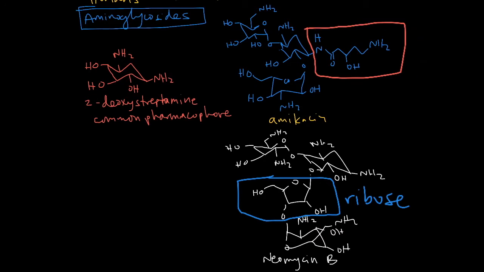And always look for the common pharmacophore, 2-deoxystreptamine. You have it right here in amikacin and right here in neomycin B. So know that pharmacophore, say it in your sleep, look at it in your sleep, and you should be fine.